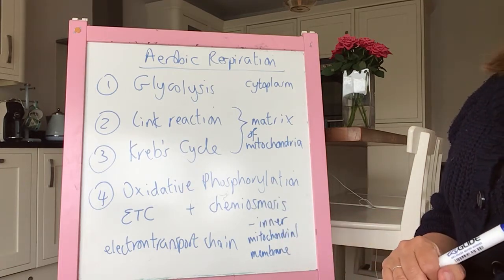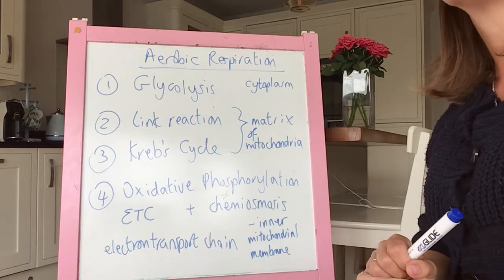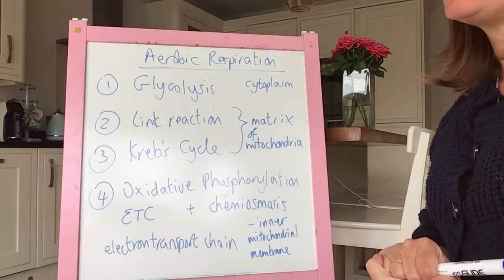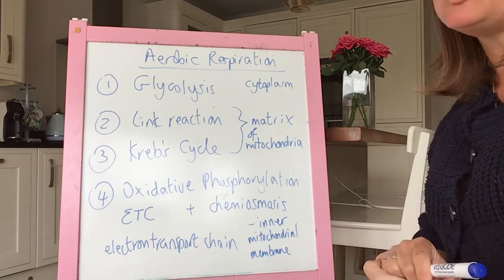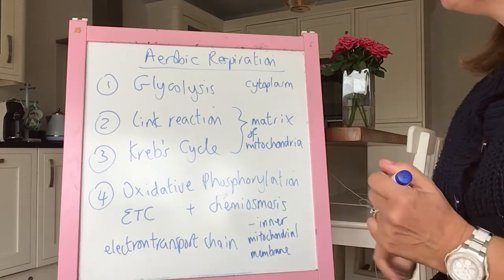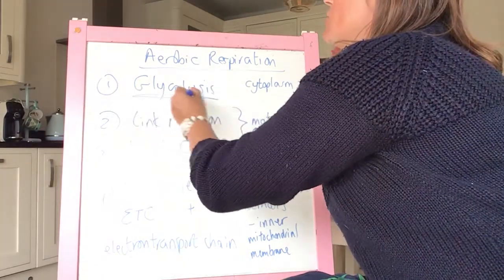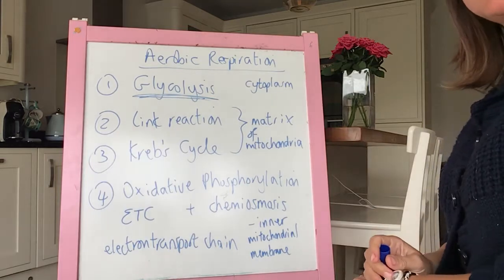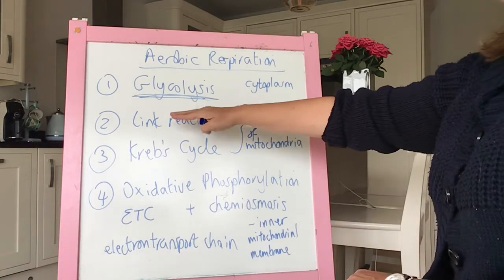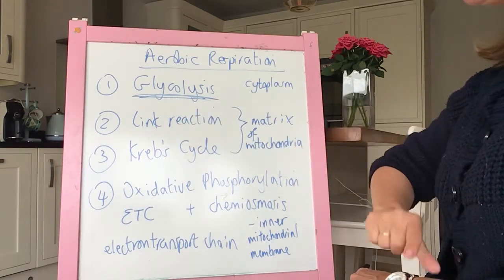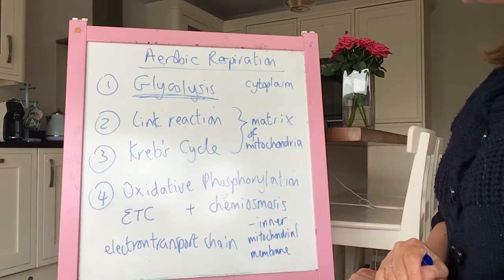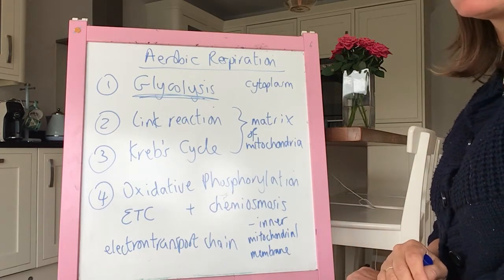Okay, guys. So, quite a lot of revision from GCSE and a little bit of new information for you to take on board. So when I see you again on Thursday, we are going to do this in detail, okay? The link reaction will take a lesson, the Krebs cycle will take a lesson, and then the oxidative phosphorylation will possibly take 2 lessons.